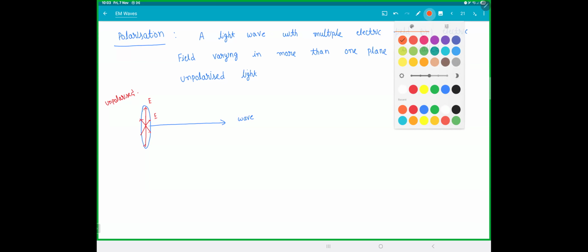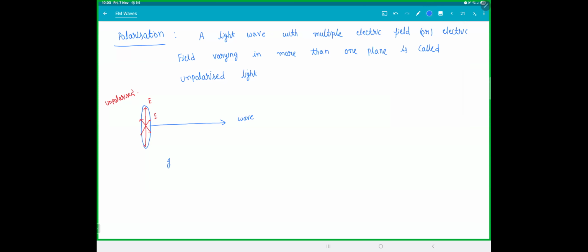Now, in polarized light, when you say light got polarized, the electric field is only in one direction.